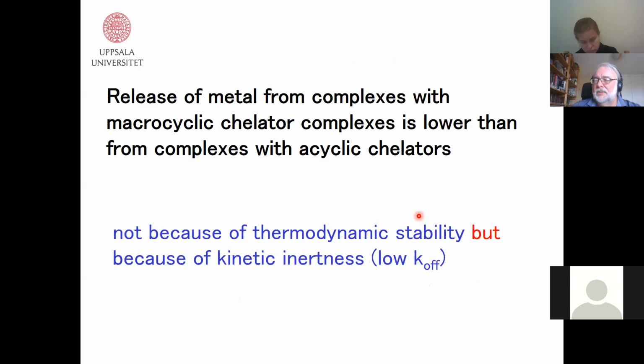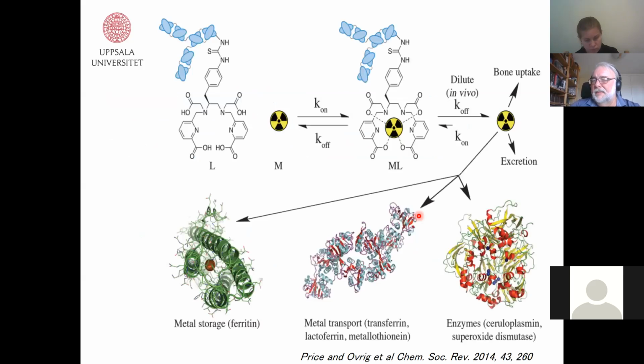Well, not the whole truth here, because the gain, as it turned out, was not by thermodynamics, not by stability of the complex, but rather by inertness of the complex, slow dissociation from such a complex. Well, no matter, we hold our radiometals in complexes with macrocyclic chelators quite firmly.